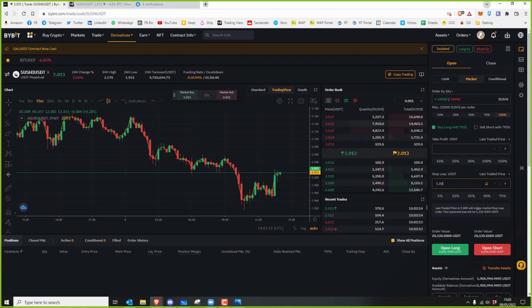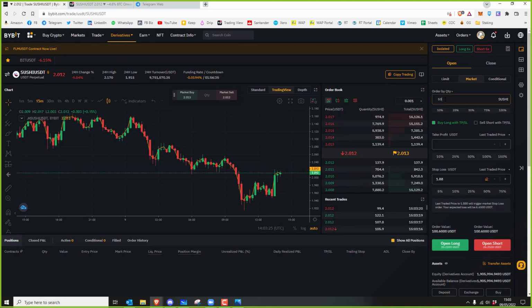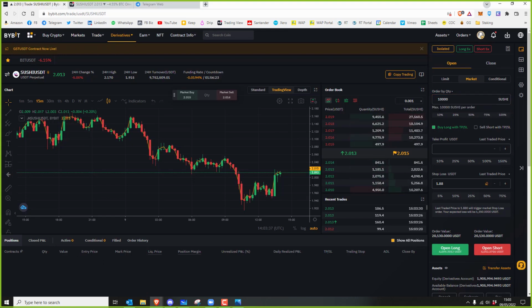Look at this. It's saying that the maximum risk I can have is $1,300. I can't just type 50,000. Wait a minute. I've got a feeling it'll default back to whatever 100% was. Yeah, there we go. Maximum 100,000 Sushi per order.